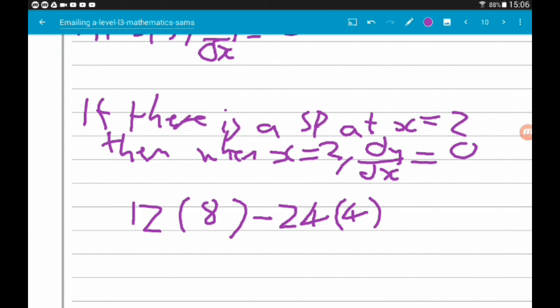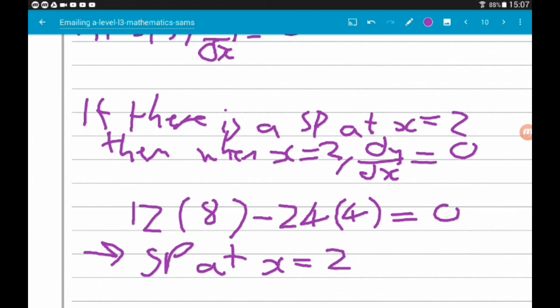Now that is indeed equal to 0. Therefore, there is a stationary point at x equals 2. Good times.